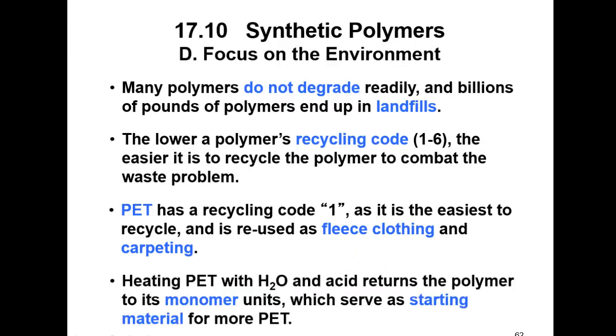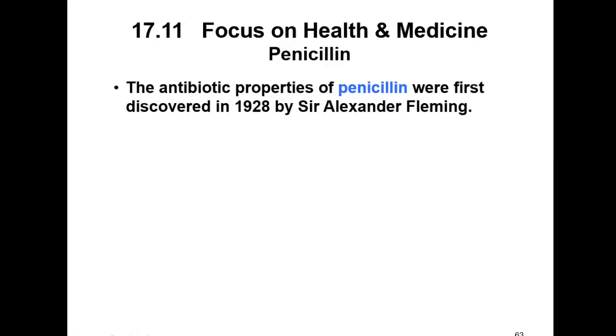Also, if you heat it in water, you can bring it back to its original monomers, the diacid and the dialcohol, and start all over again and remake more of the polymer.